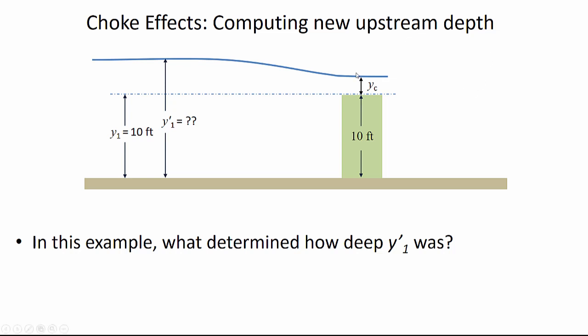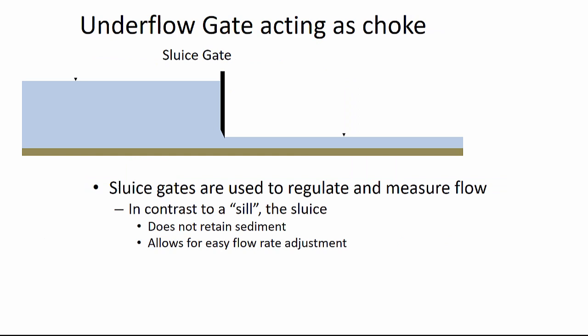So the energy at 1 after pooling is going to be equal to the energy at 2 that's measured on top of the obstruction. That same idea, looking at the specific energy upstream and downstream of some choke, can also apply when an underflow gate is acting as a choke.